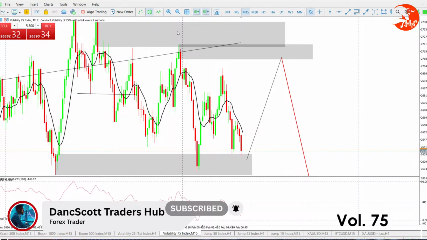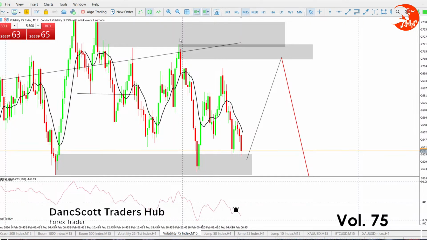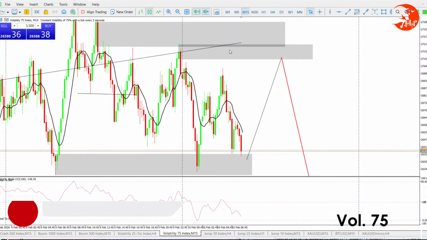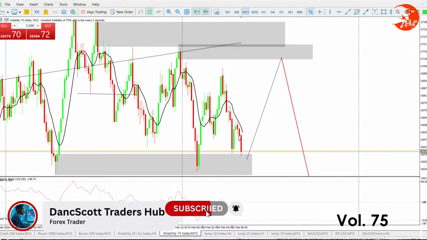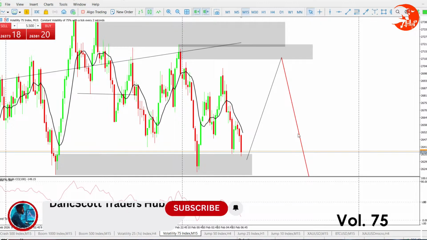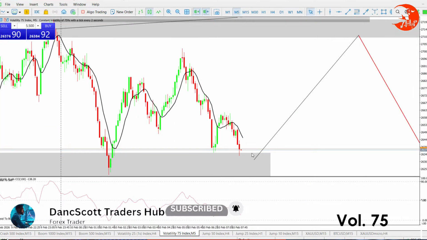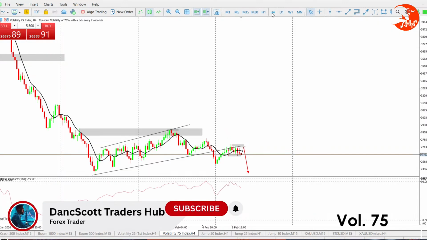This is a previous OB that initiated this very big sell move, and you can see here it tried to go and mitigate it, it failed. So that's why the next move has to come there, mitigate the OB, and then we get in with a drop to start selling. So the buy is on this very H4 that has just started, I believe.